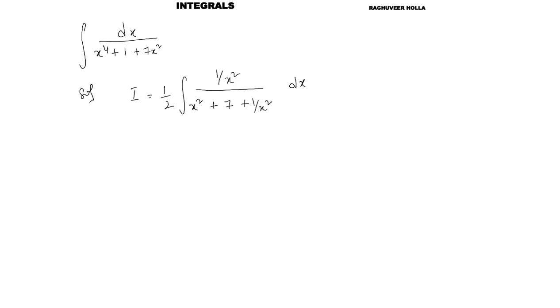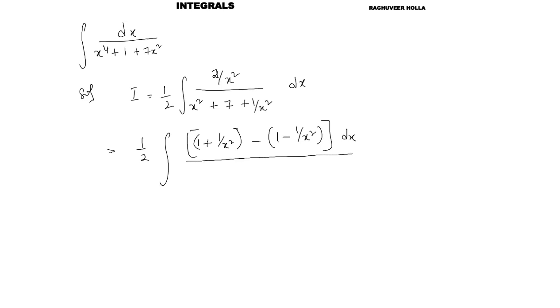So I'll put this as 2 here, and so 1 by 2 integral, this would be (1 plus 1 by x²) minus (1 by x²) dx divided by (x² + 1 by x² + 7).